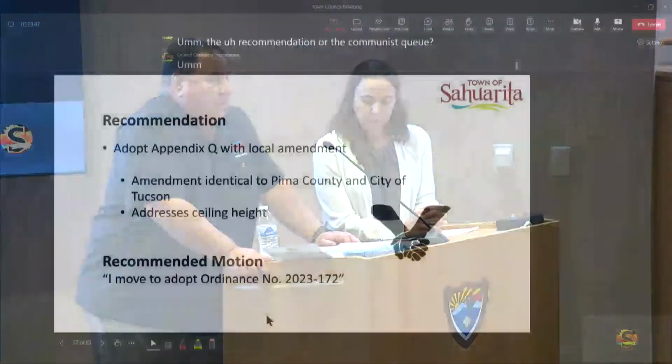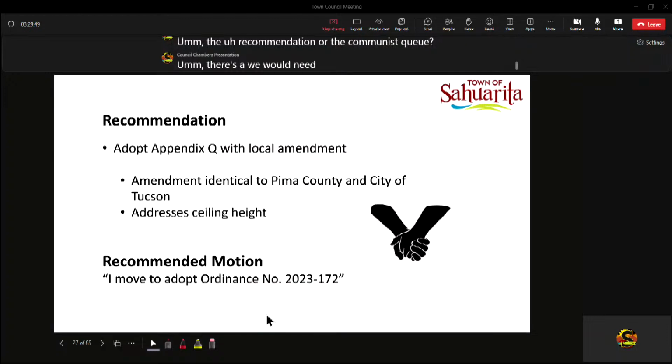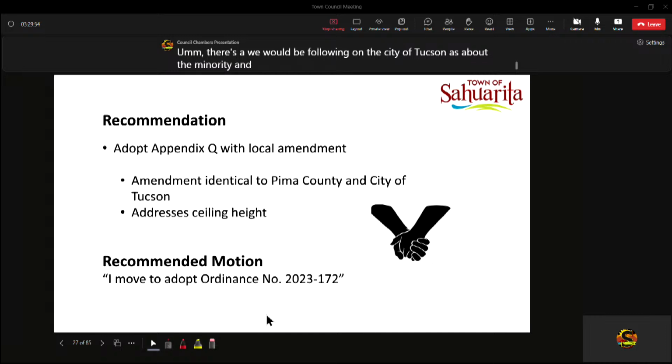The recommendation for Appendix Q is we would be following the City of Tucson, which has adopted it already, and also Pima County; they have both adopted it.